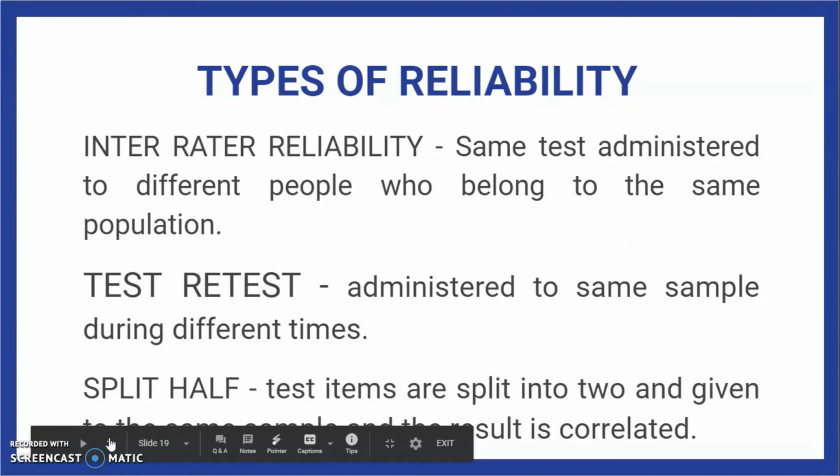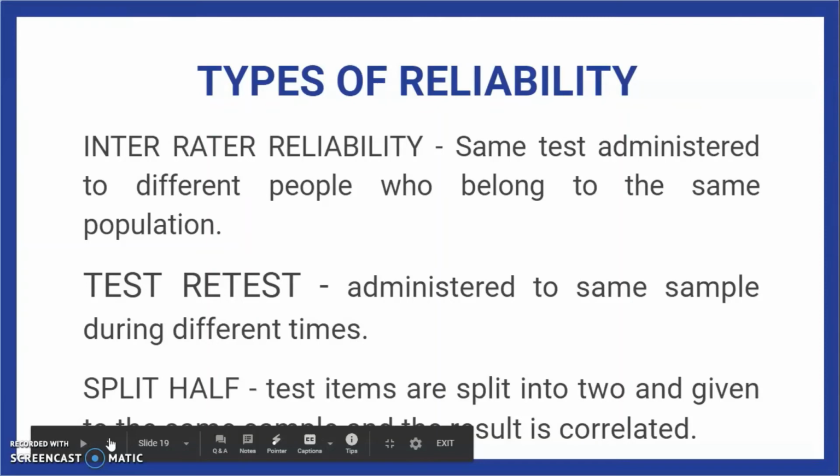In the split half method, test items are split into two, and then the results are correlated. Almost all the items will be measuring the same thing. For example, if you are testing empathy, all the items will be related to testing empathy.